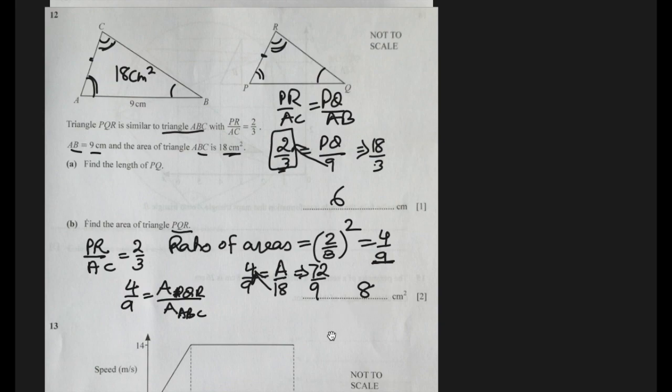Okay, next, number 13. This is the speed and this is time. The diagram shows a speed time graph for the first 15 seconds of a car's journey, from 0 till 15. Find the acceleration of the car during the first 5 seconds. So acceleration is nothing but the slope, the gradient of the line in the first 5 seconds.